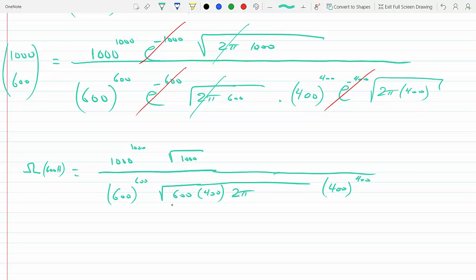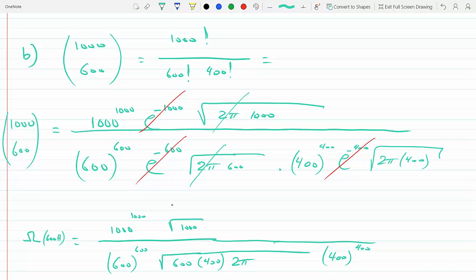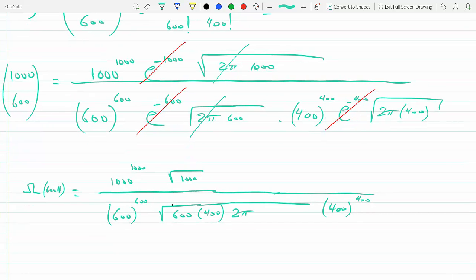Probably I should have taken the ln of both sides from the first step, and the reason for that is, n factorial is just n to the n e to the minus n.